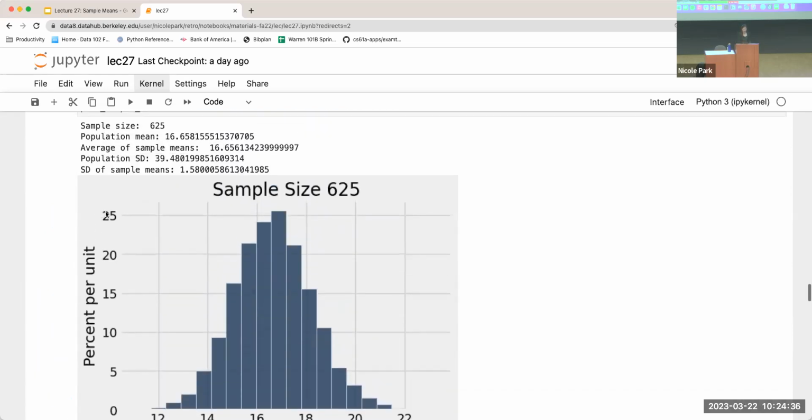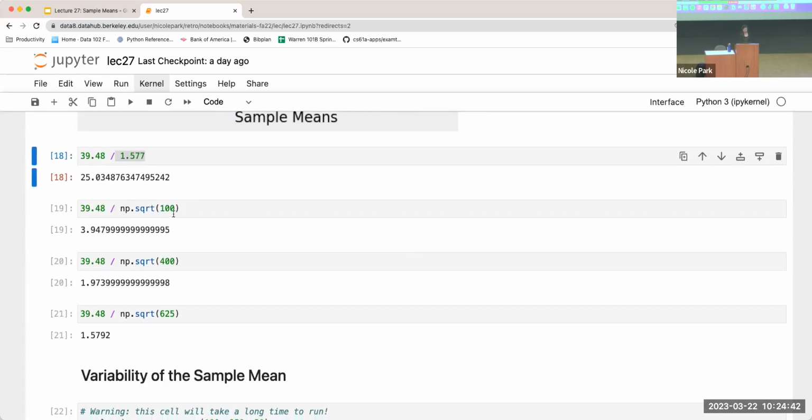That is because the sample size is 625, and the square root of 625 is 25. When I had a sample of size 100, I had a standard deviation of like 3.95. The reason is that 10 times that number is going to be the original population standard deviation. So this is going to be called the square root law. We'll get into exactly what it says in a bit.